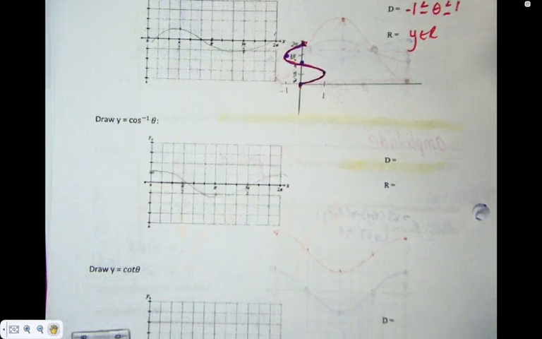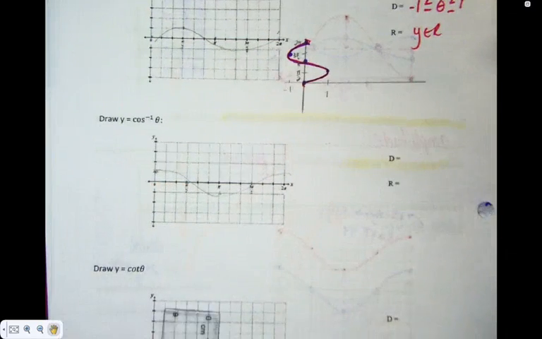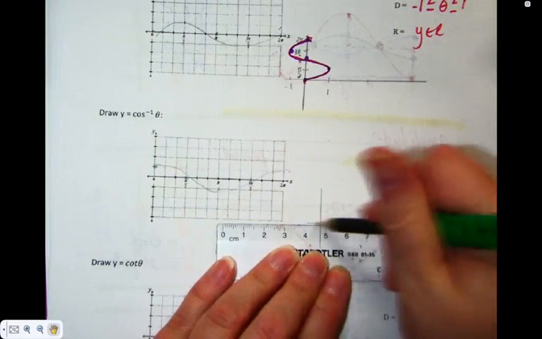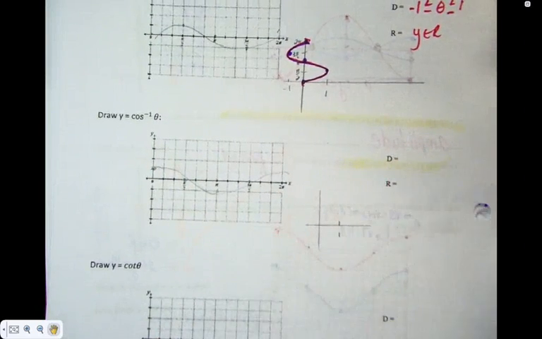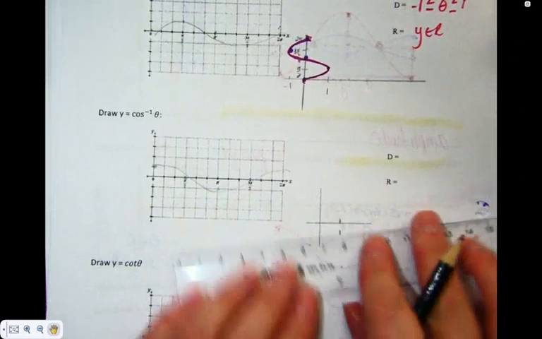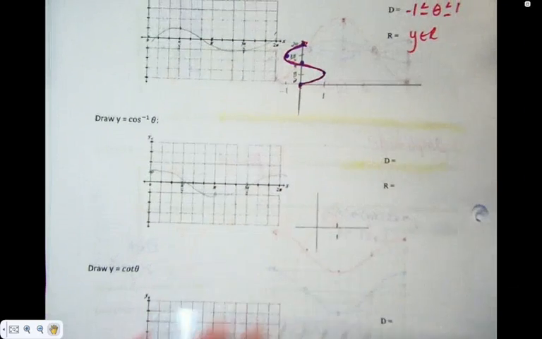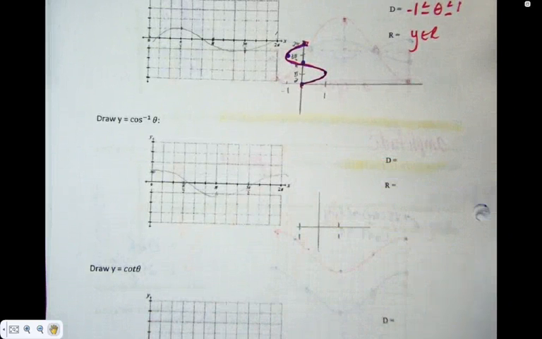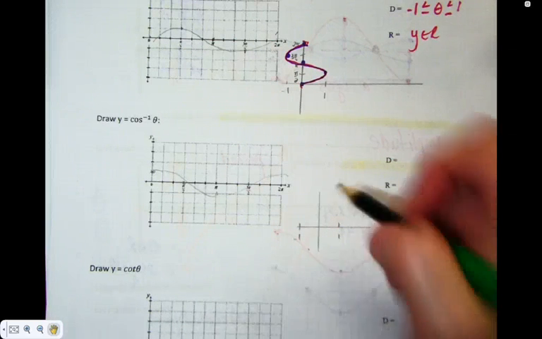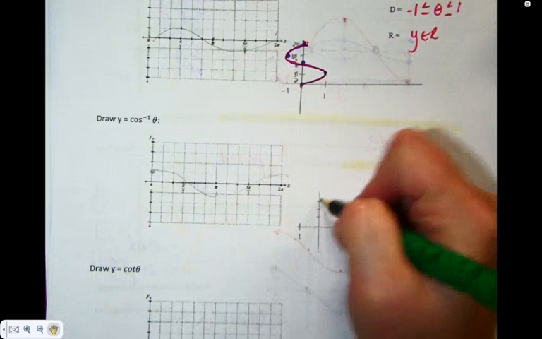It just makes it harder because where is 1, where is pi on 2? I just like to redraw it. Again, the book typically doesn't do the left-hand side, and you'll figure out why once we talk a little bit next class. I like to put that -1 in there because my brain likes to see the whole thing. And then my pi on 2, my pi, my 3 pi on 2, 2 pi.